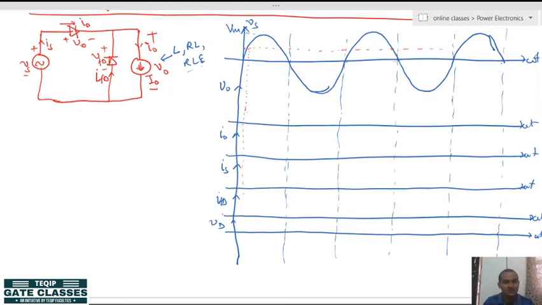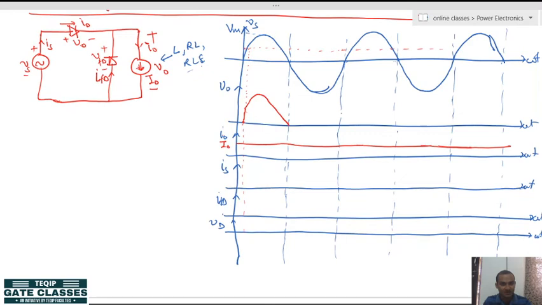At alpha dash the diode will turn on, so the output voltage will be like this, correct, no problem. And we have already considered the load current as constant current, so we can draw the load current like this, because it is constant, constant means continuous. All right. So, this is my load current, I can draw it for the whole infinite cycles.